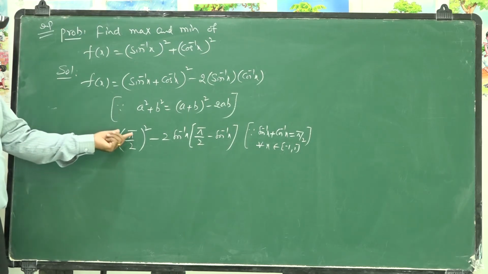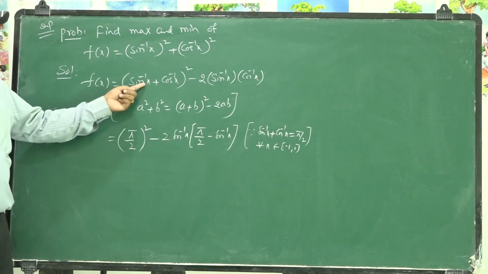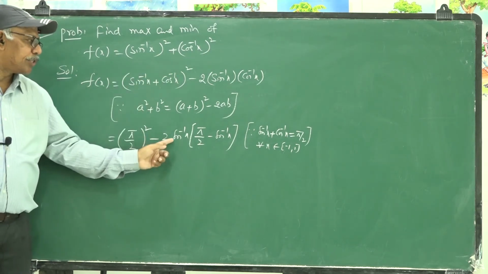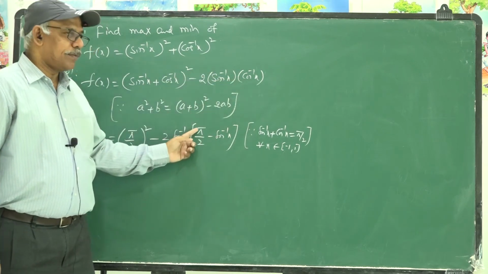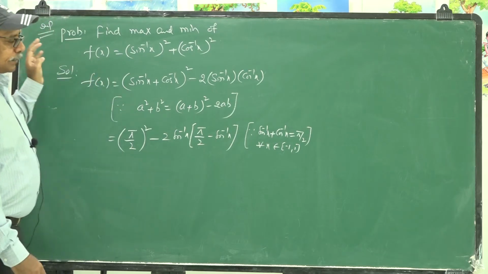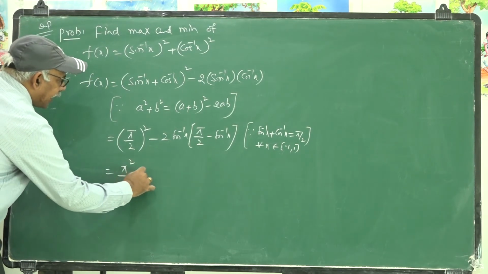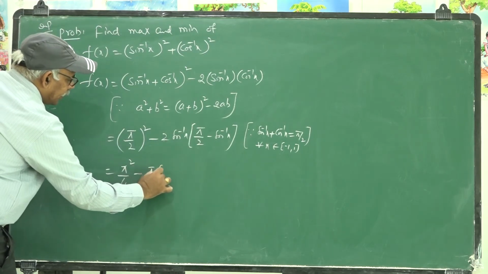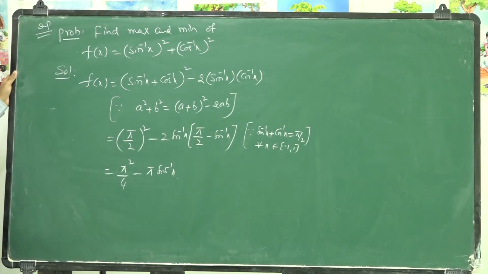So once sin inverse x plus cos inverse x is pi by 2, you can replace this value, and it's (pi by 2) whole square minus 2 into sin inverse x. Cos inverse x in terms of sin inverse x is pi by 2 minus sin inverse x. That is pi square by 4 minus, you can cancel the 2 whenever you multiply the terms in the bracket with 2 sin inverse x.